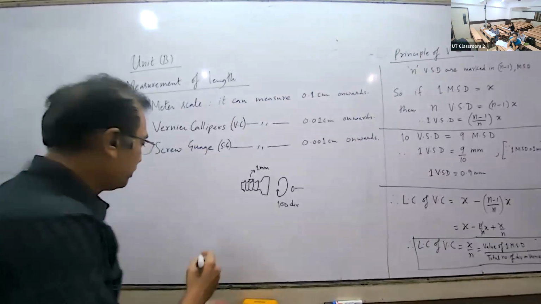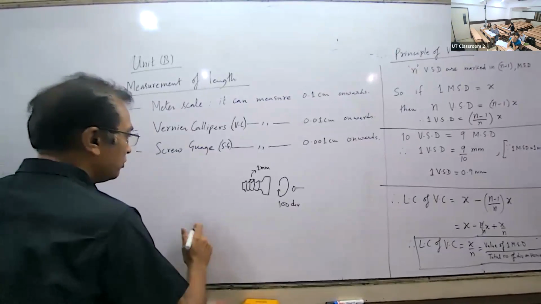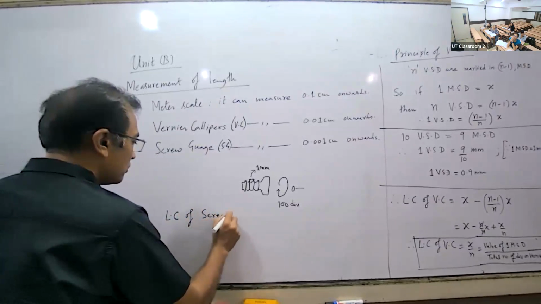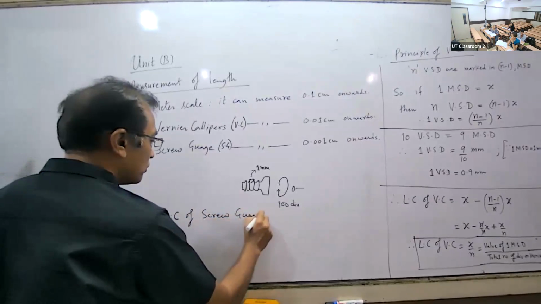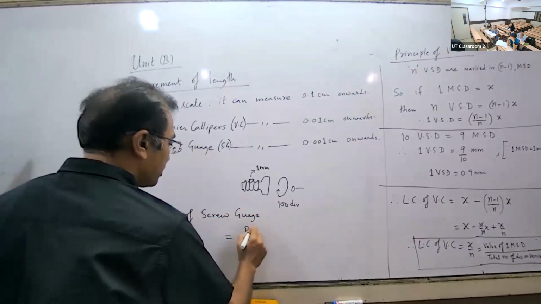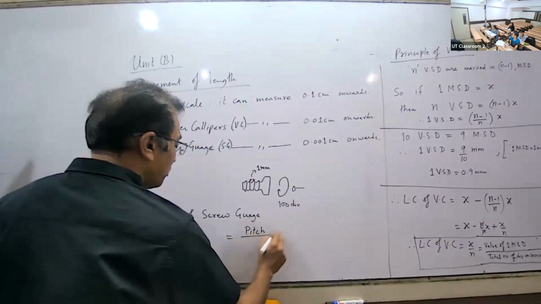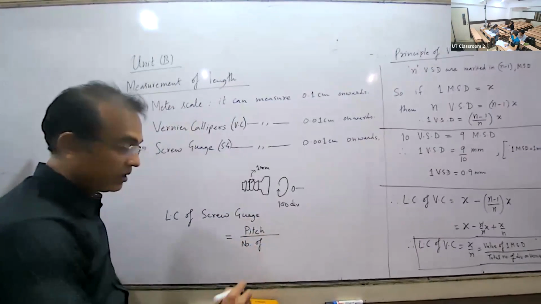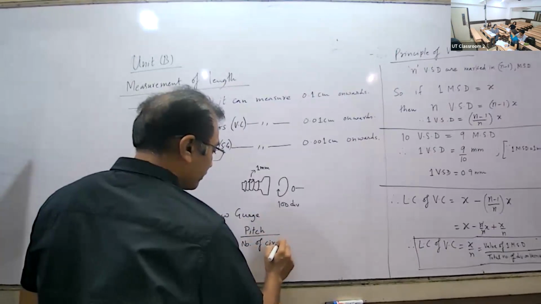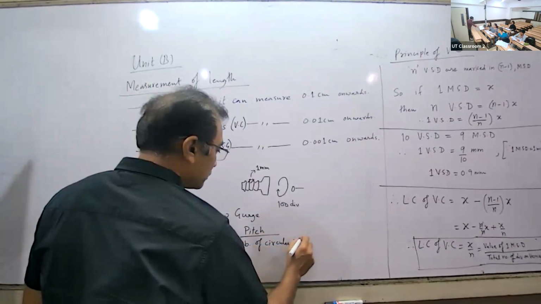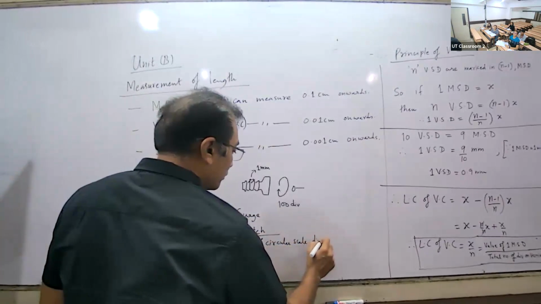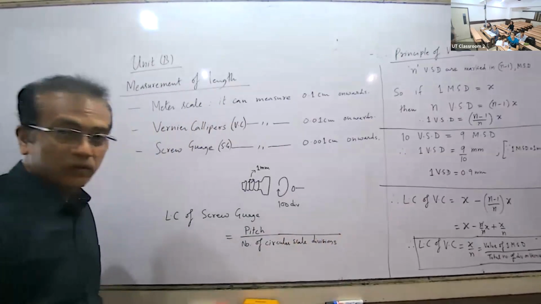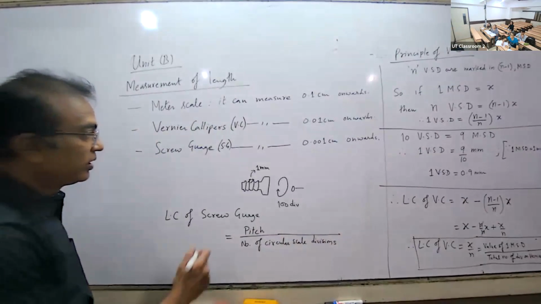So how do we calculate the least count of a screw gauge? Least count is equal to pitch divided by the number of circular scale divisions.